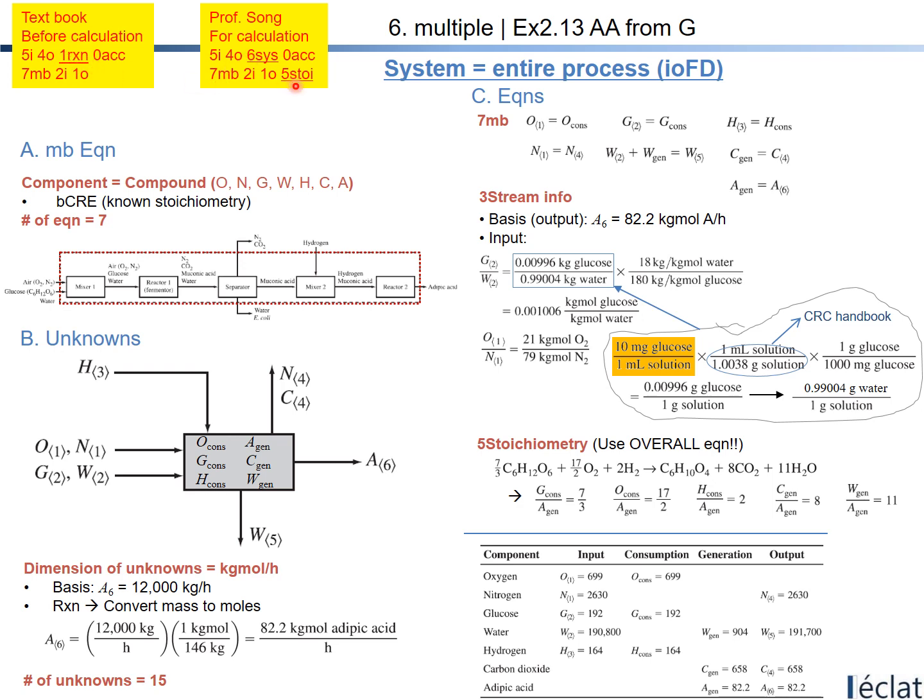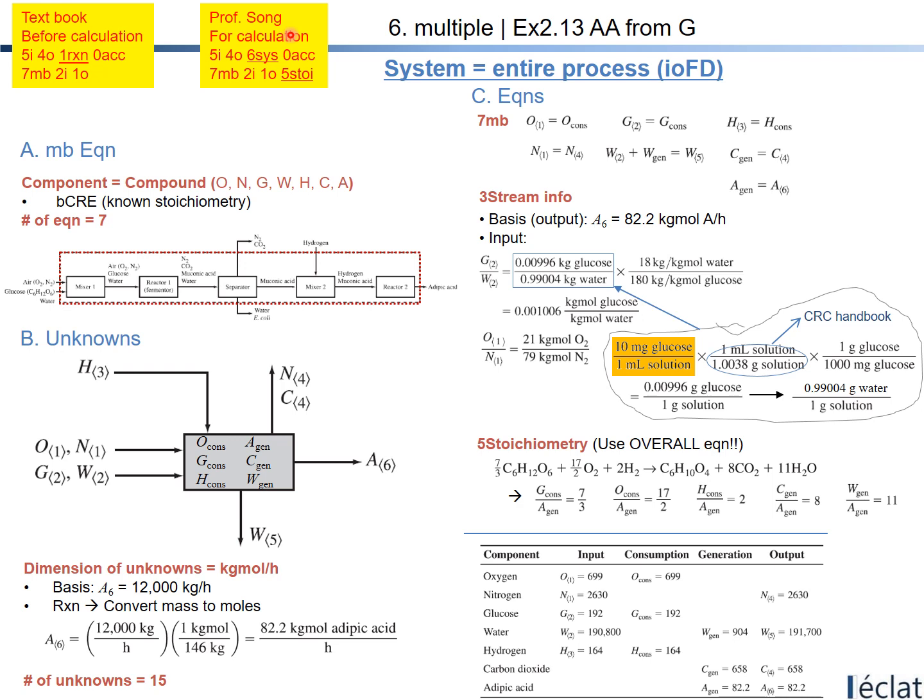So 6 minus 5 is 1. So simply for obtaining the degree of freedom, the textbook method is better. However, when you want to calculate every variable, then my method is better. But anyway, from the viewpoint of calculation of degree of freedom, my method and textbook method give the same value. In this case, 10 minus 10 equals 0 and 15 minus 15 equals 0.